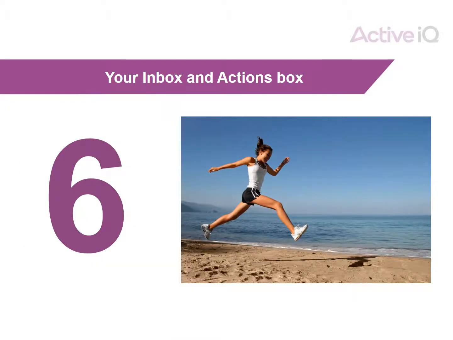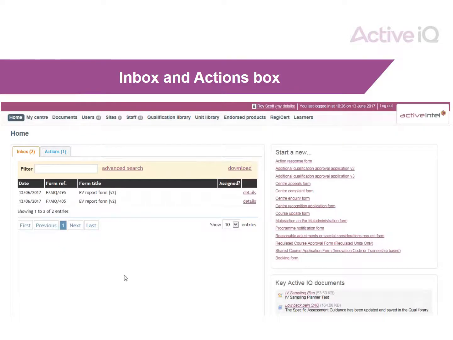In section 6, we're going to look at your inbox and actions box within Active Intel. On your home screen, you will see that you have an inbox and an actions box. These will get populated if your EV submits anything to you, such as an external verification report.